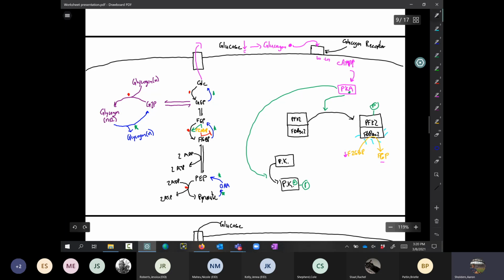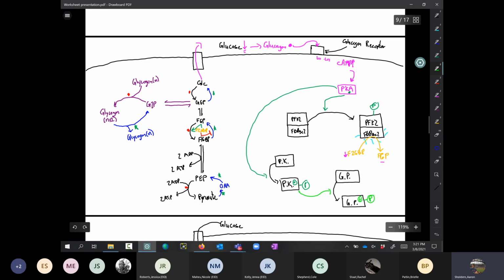Well, when it's active, it's subsequently going to do this. And I'm going to again use some abbreviations here, it's going to phosphorylate glycogen phosphorylase. And that's going to put a phosphate group on there, and that's going to activate that.